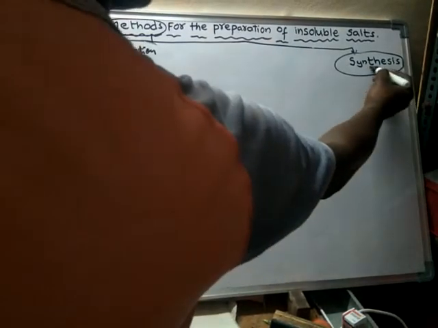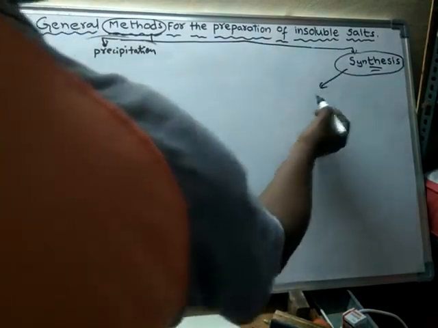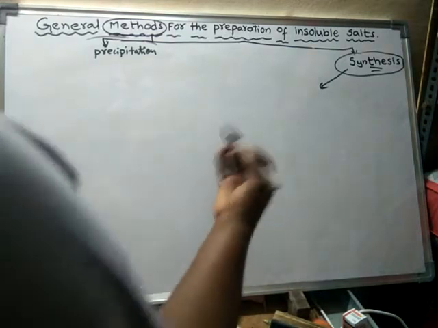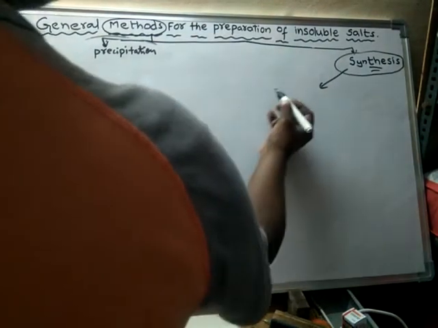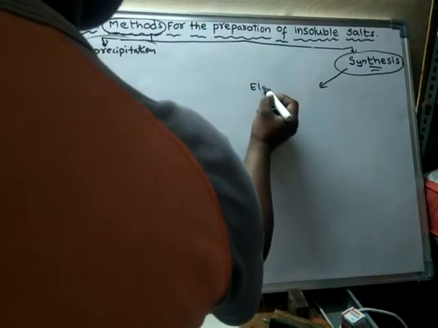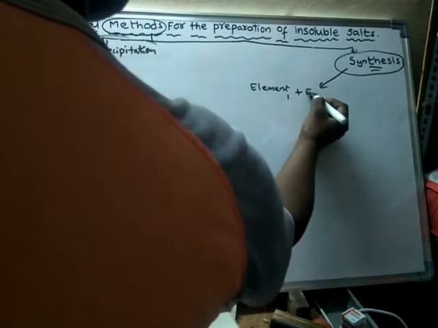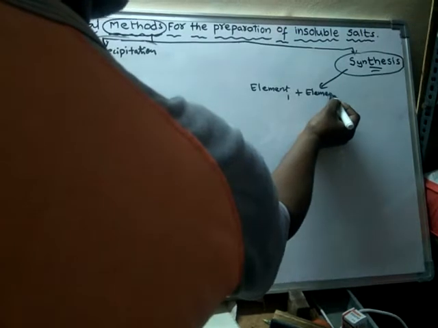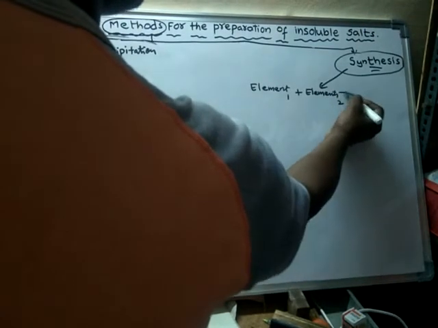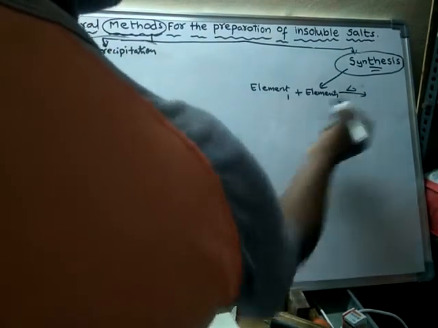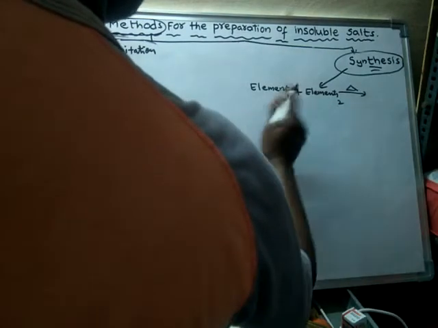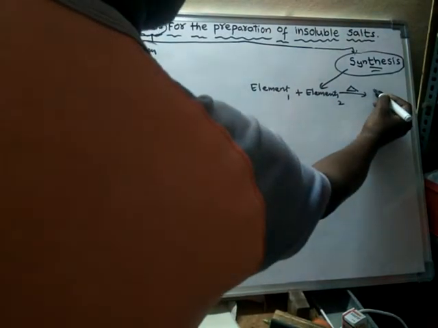What is a synthesis reaction? Synthesis is a special type of combination reaction where two elements, element 1 and element 2, are made to react. They are heated so that both of them react with each other to form a new compound.